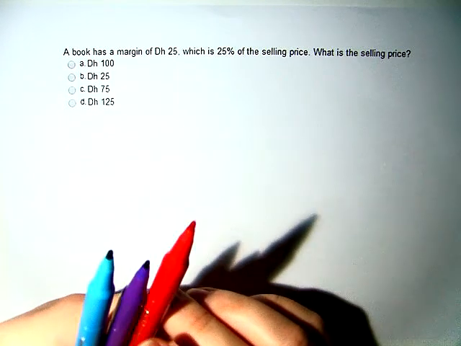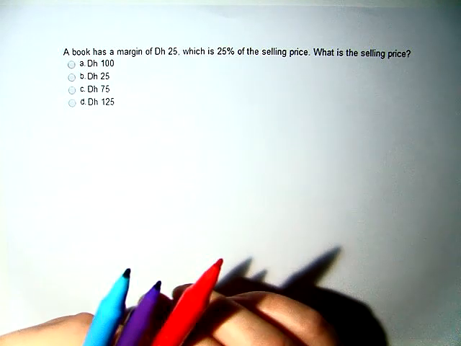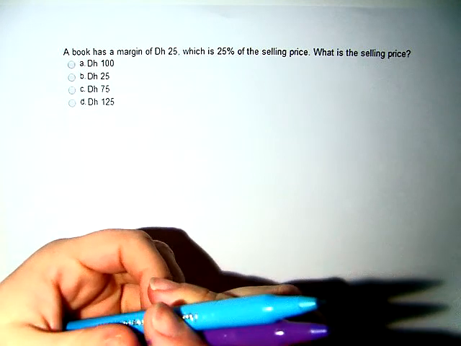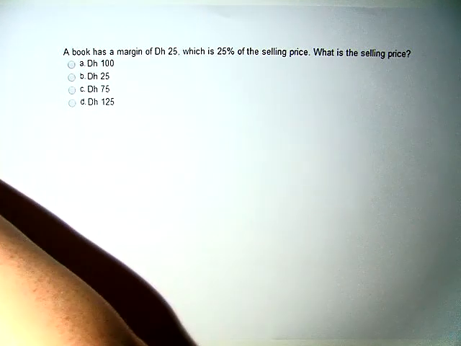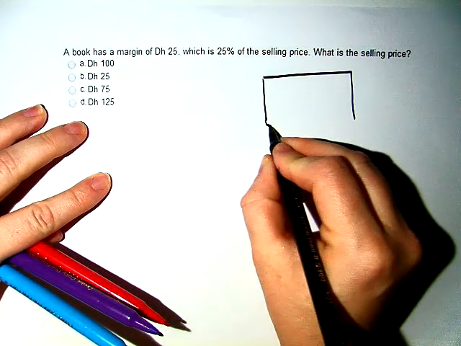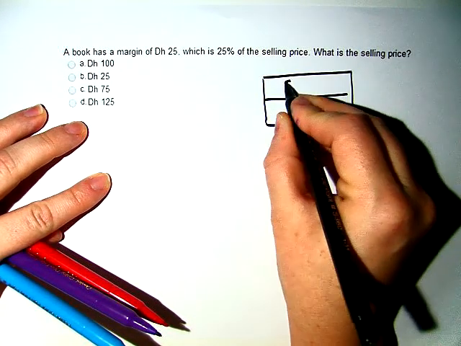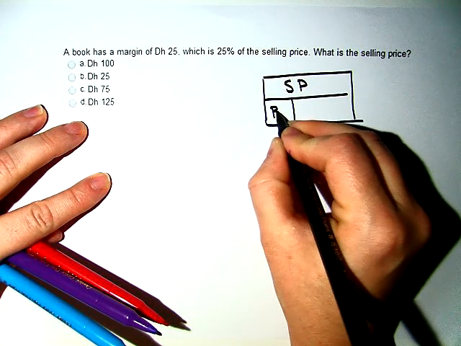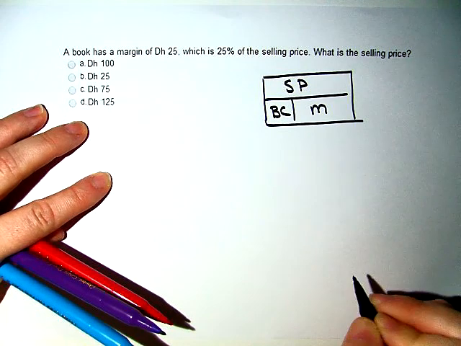A book has a margin of 25 dirhams, which is 25% of the selling price. So what is the selling price? Okay, we're going to be going back to our handy dandy little box. And I know that my selling price is the buying cost plus the margin.